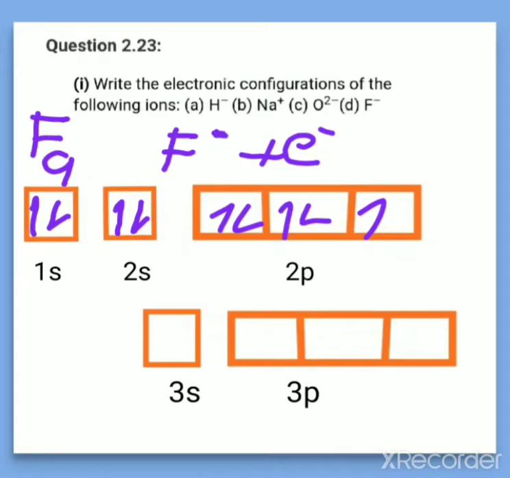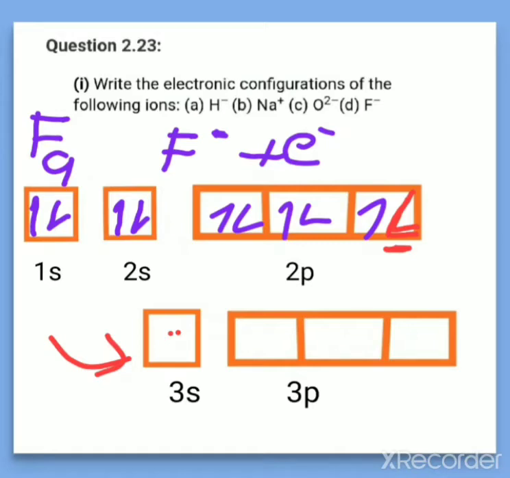When we are adding an electron, it has to be accommodated in the next available place. You should not put it there because here there is one space. After filling this only, it will go into the next one. So one more electron gets added, that is the red color which I have made in the anti-clockwise spin.